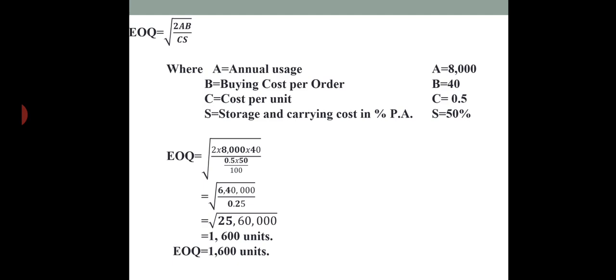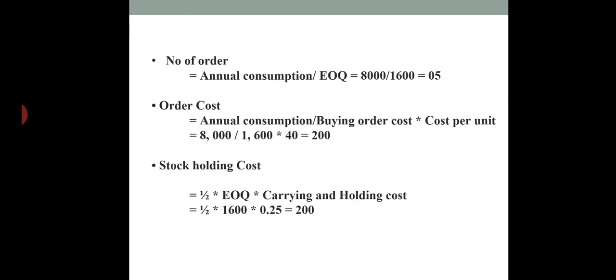So using the formula method it is calculated, and if you want to calculate the number of orders placed for 8000 units of annual consumption, calculate annual consumption divided by EOQ. Annual consumption is 8000 and EOQ is 1600. So in this, the number of orders placed is 5.